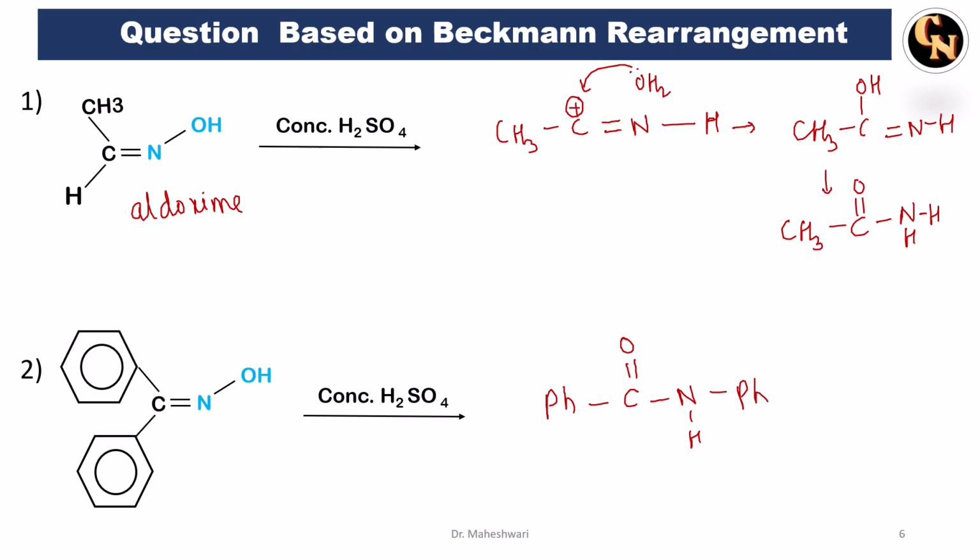Looking at the reaction, we can directly write the products. So you can just do the mechanism in your notebook and see whether you are getting the same product which I have written here. Okay students.